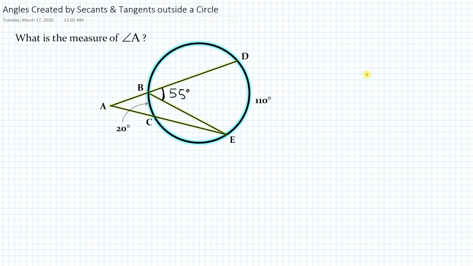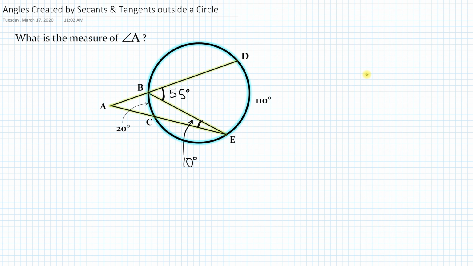So if you look at the measure of angle BEC, what can you say about that angle? Well, that angle is also half of its intercepted arc, which is half of 20 degrees. So therefore, this angle must be 10 degrees.